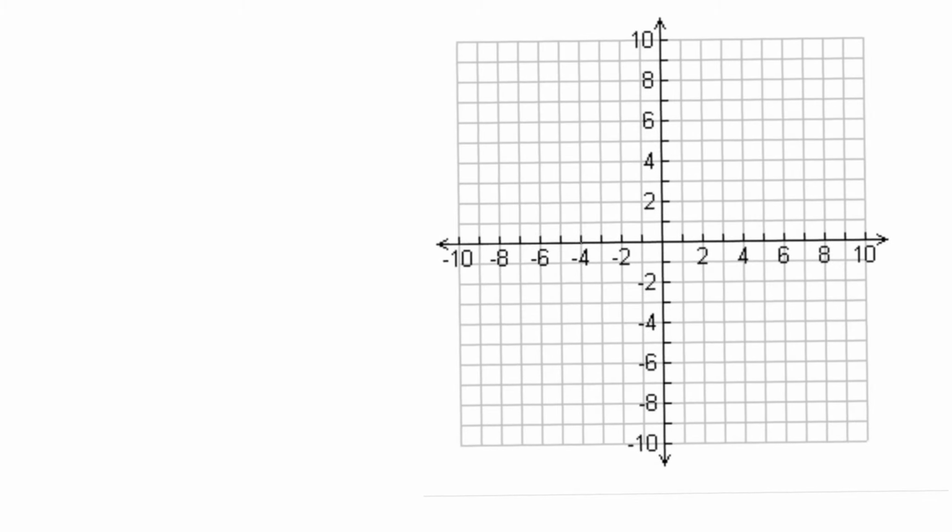Let's say we're going to have this function, and then it's going to curve and go up, and then it's going to go straight like this. So this is a piecewise function with 3 sections.